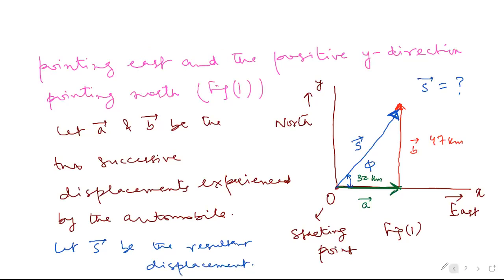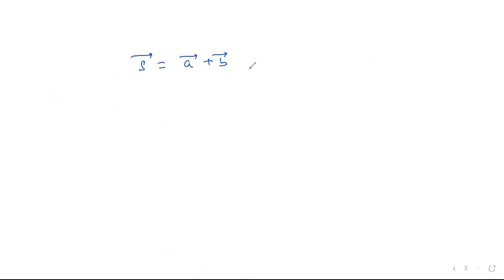As you can see, S is the sum of A and B because it is the resultant. That means Sx is sum of Ax and Bx. Sy is sum of Ay and By, right?